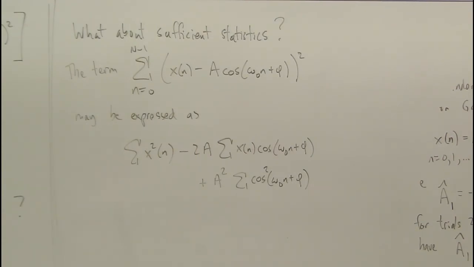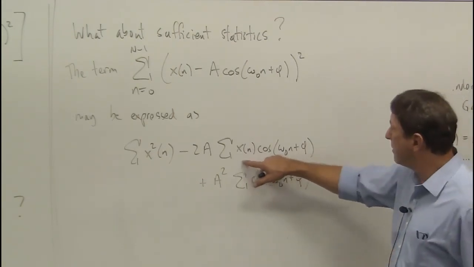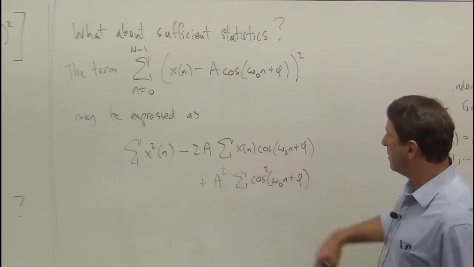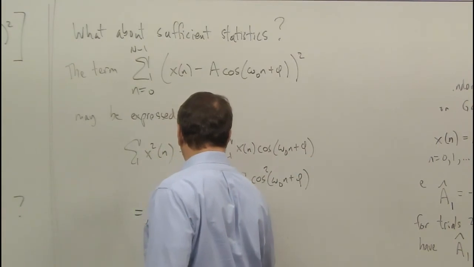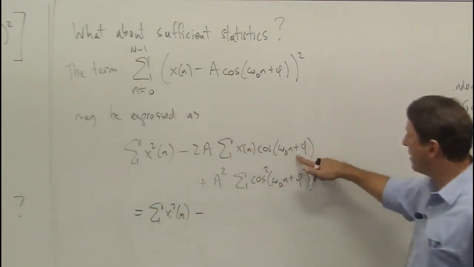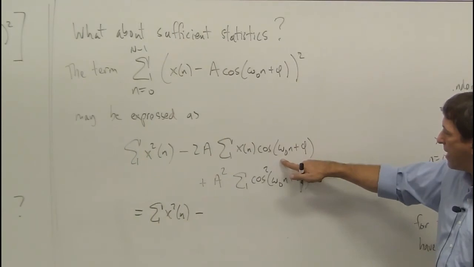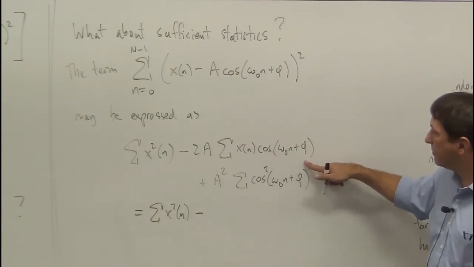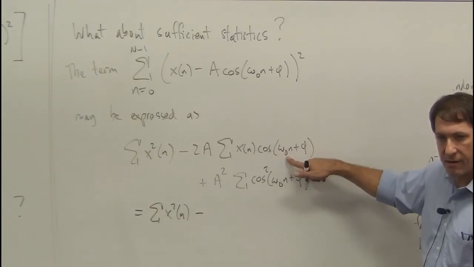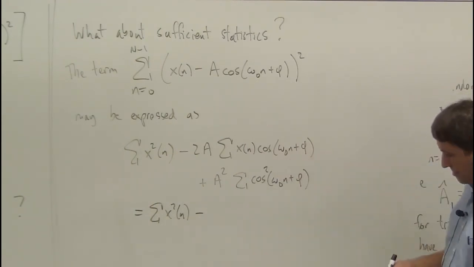And what we can do to get at this term here is, I have here the sum of the x squareds minus, I'll expand this as the cosine of omega n times the cosine phi minus the sine of omega n times the sine of phi.